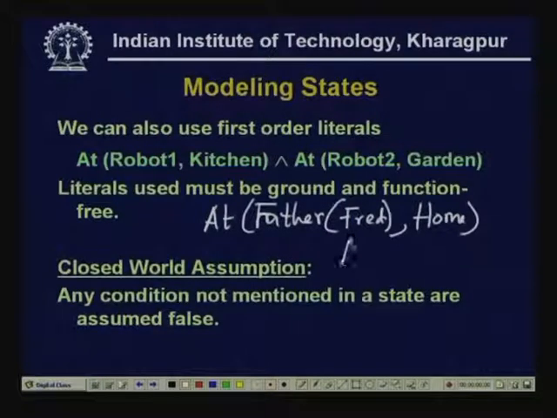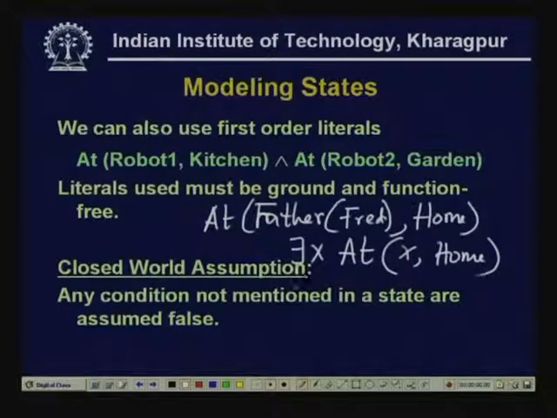We also do not allow quantifications, that is, we do not allow at x home, where x is a variable which is either existentially quantified or for all quantified. So, these sorts of first order literals are not allowed, but we can have ground first order literals as in at robot 1 kitchen.